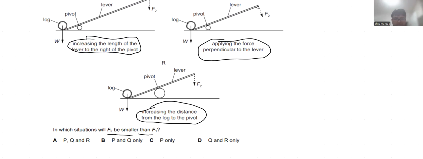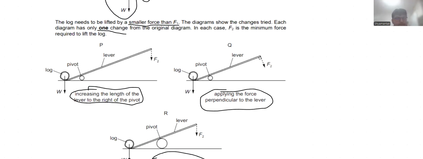Okay, situation P. Increasing the length of the lever to the right of the pivot. So we are increasing the perpendicular distance. Now we need the same turning effect, so the same moment. I'm going to write moment as M, capital.